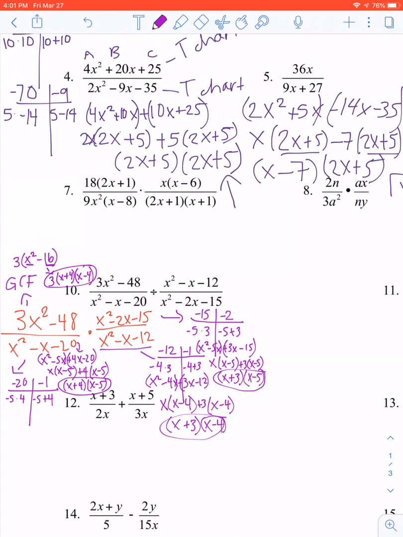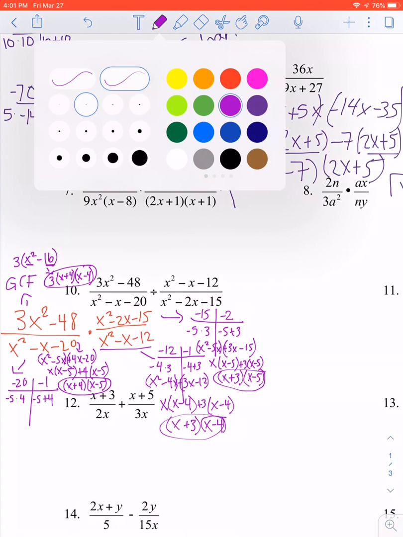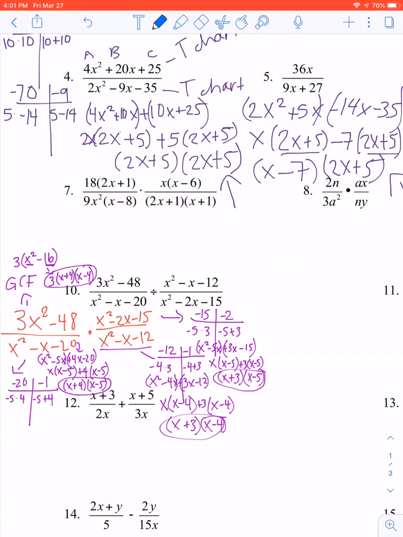So now we are going to rewrite it over here to the right a little bit. I'm going to change colors again, sorry. So if you can remember, we are going to use this right here, this for the bottom of that fraction, this for the top of the second fraction, and this for the bottom of the second fraction.